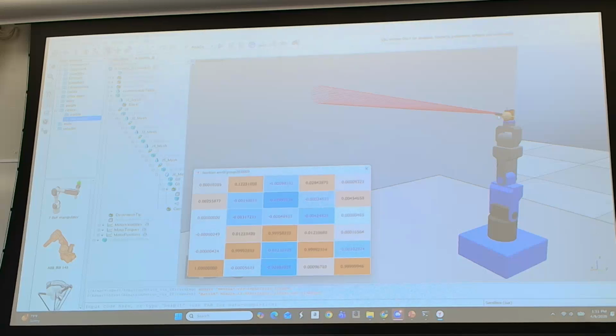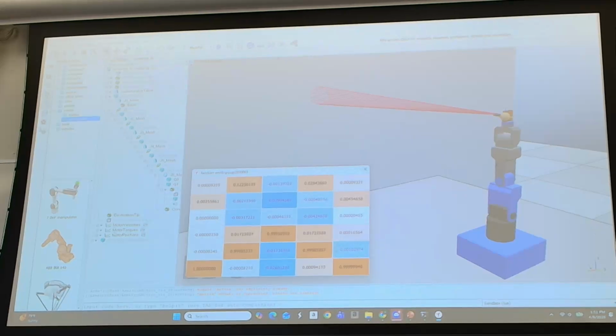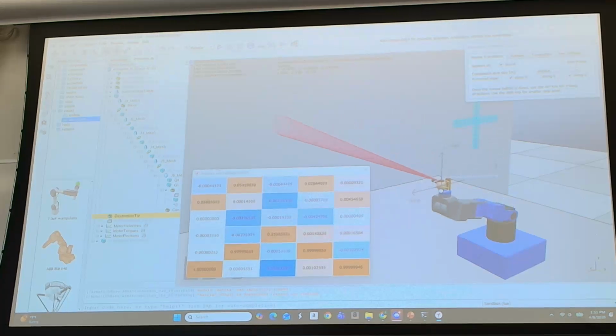This is probably some numerical integration error, more than likely. There's some stability integration as it's performing a constant integration. So we see kind of flickering around there a little bit. But again, if we move our destination dummy, it tries to move it along X and Z, and we see those values from the Jacobian changing.